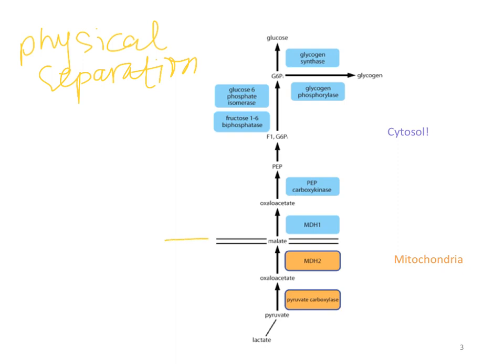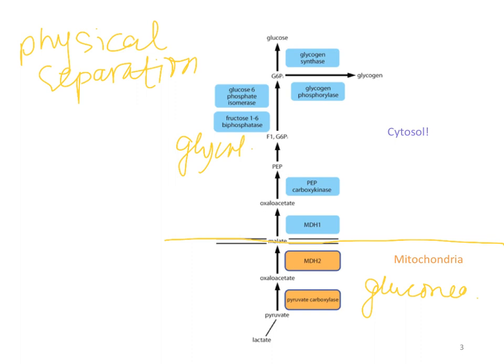In this figure, this is the membrane that separates the mitochondria from the cytosol. Part of gluconeogenesis happens in the mitochondria, part of it happens in the cytosol, but glycolysis only happens in the cytosol. So having a physical barrier, a membrane, in between the two pathways is one way of regulating them.